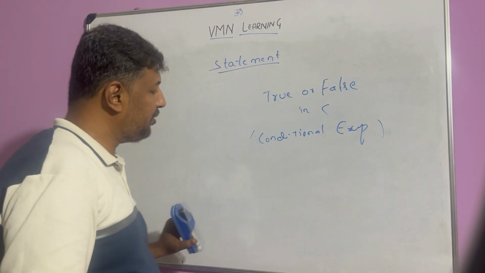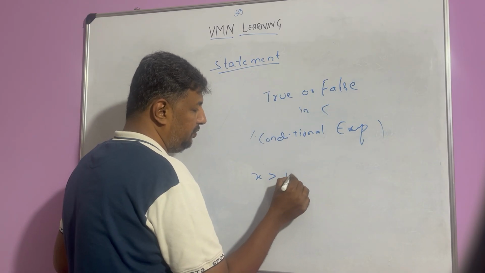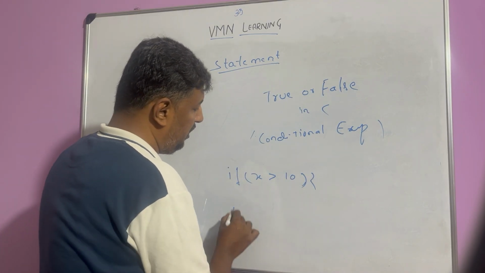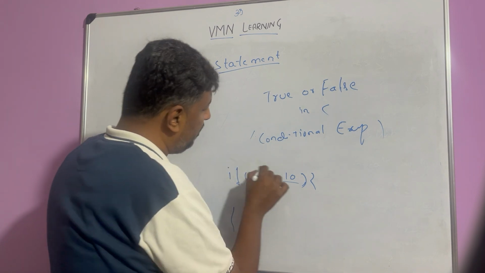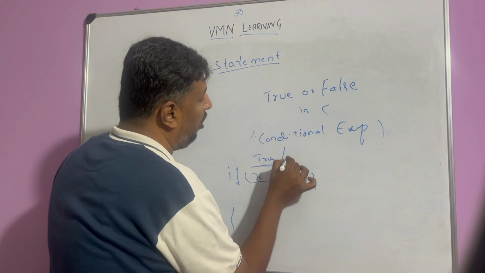What are conditional expressions? For example, x greater than 10. We use it in if. This is a conditional. What is the output of this? It is always going to be true or false.